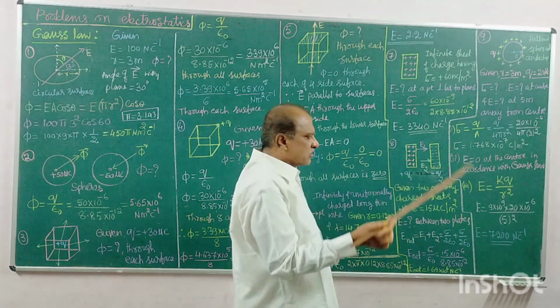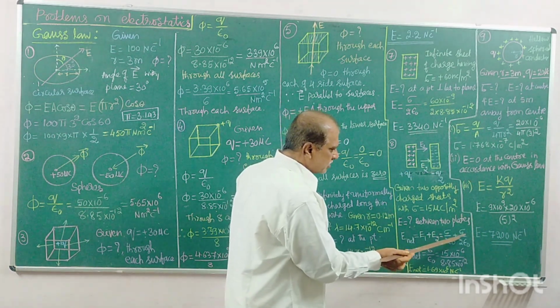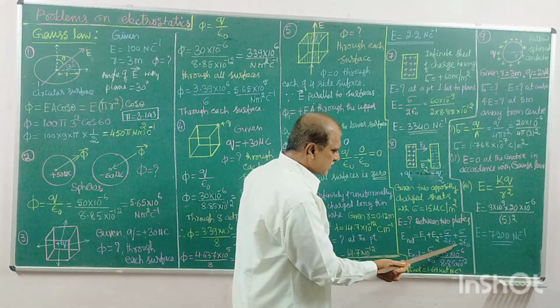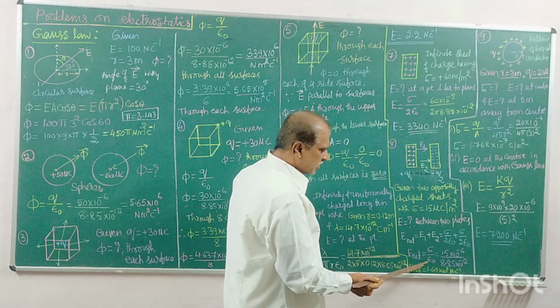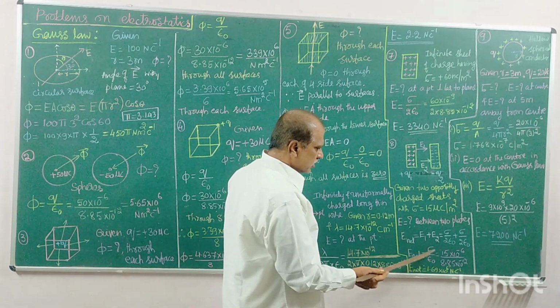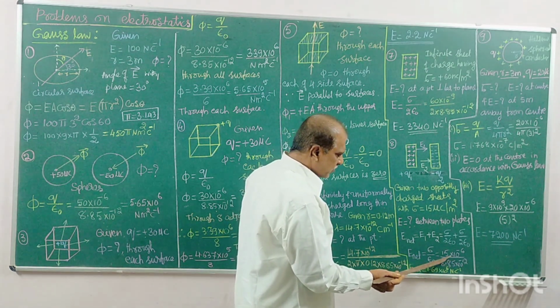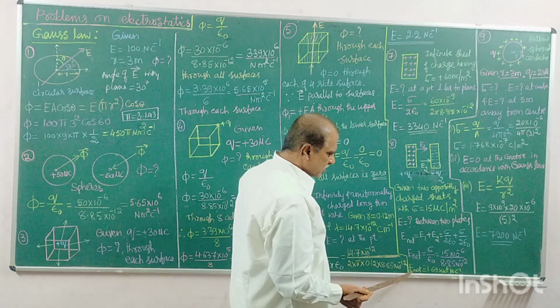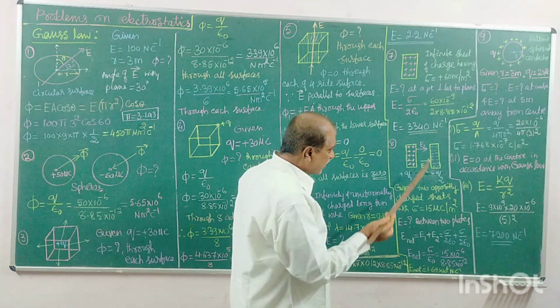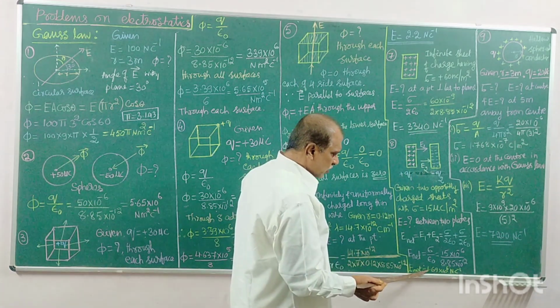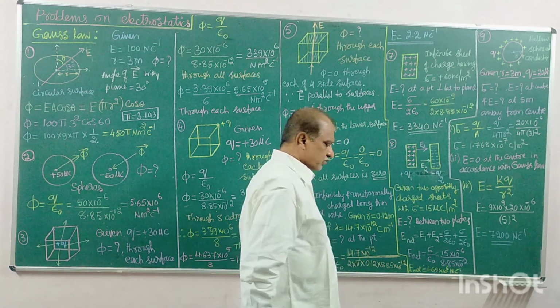Whatever the charge density is, that is what matters. It depends on charge density. So this plus this is sigma by epsilon naught. Sigma is given; substitute for them, simplify and calculate. You get the electric field at any point between these two plates as this value, Newton per coulomb.